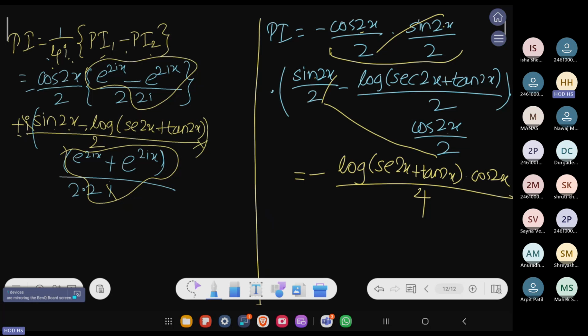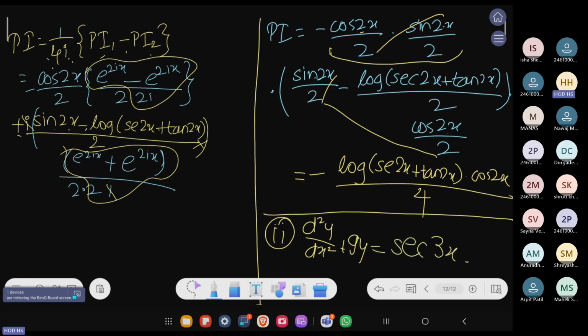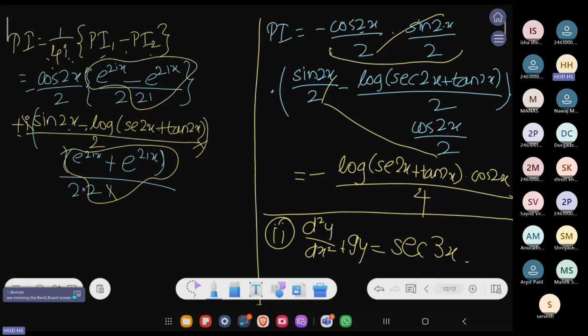Consider for the homework the same thing: d square y by dx square plus 9y is equal to sec 3x. This problem is done in the notes. This is the first problem actually in the notes. If I fail to share the notes by evening today, you can refer to this problem in the unaided batches of your classes, CSA unaided and IT unaided, both the batches.